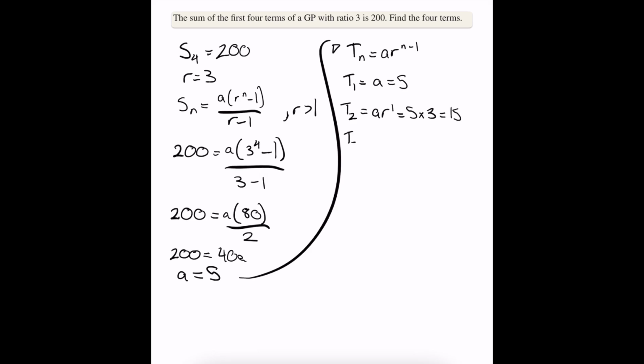And then T3 is just equal to T2 times our ratio, which is 15 times 3, which is equal to 45. And then T4 is our third term times the ratio, so it's equal to 45 times 3, and that is equal to 135. And that's our answer there.